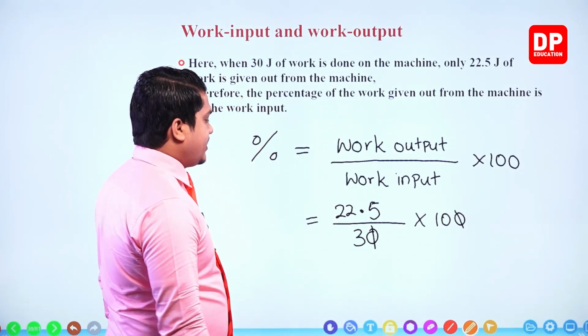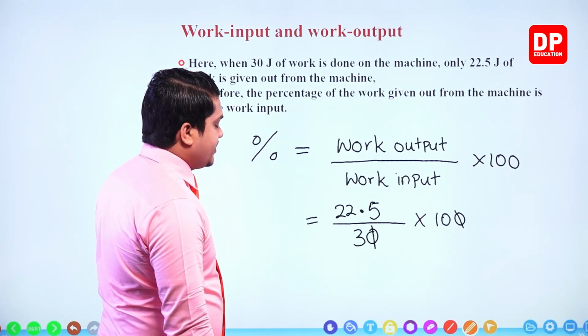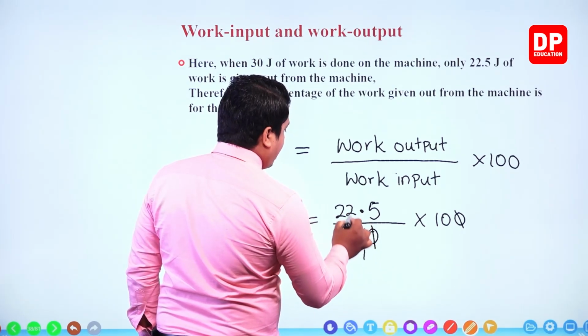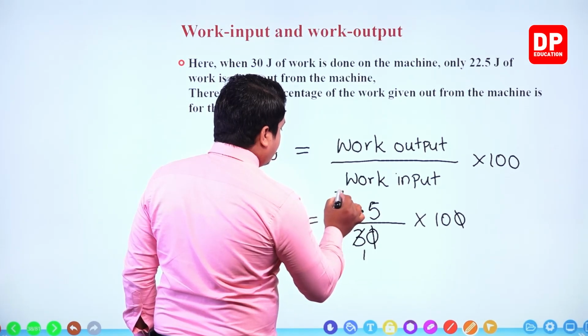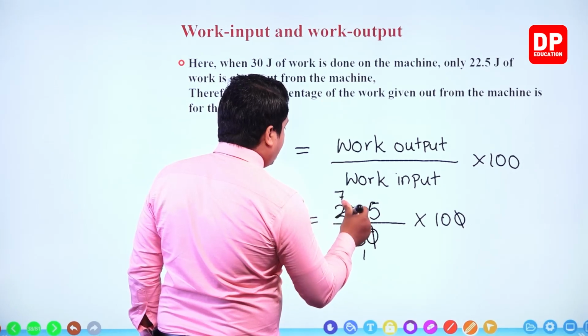You can cut by 3, right? 225, you can cut it by 3 without any problem. So here 3 times 1, then here 3 times 7, then 1 is left over. For 15 there is 5.